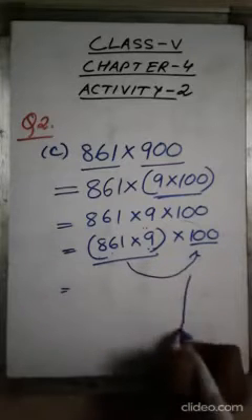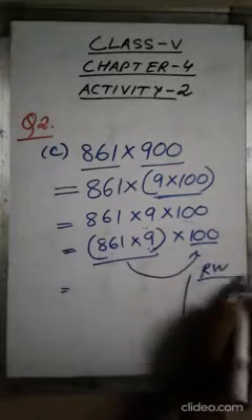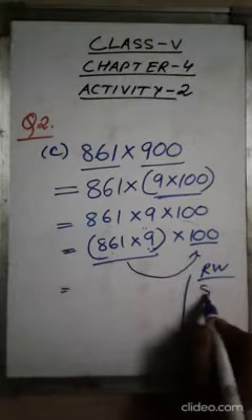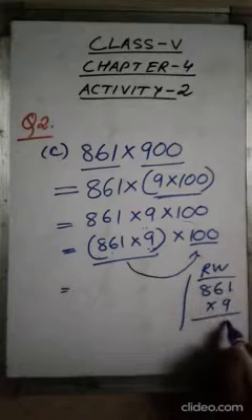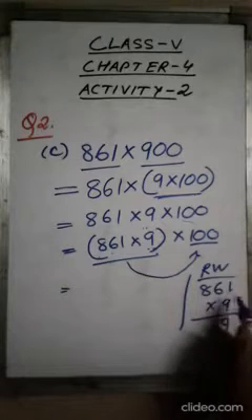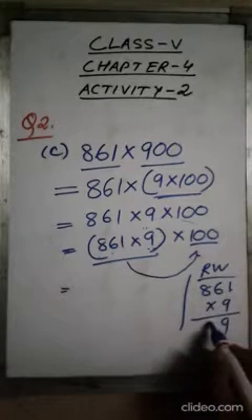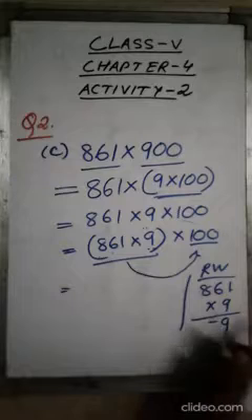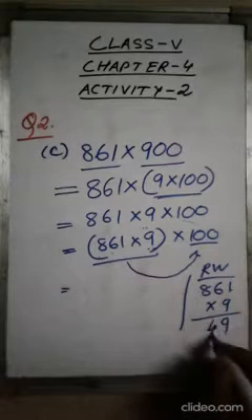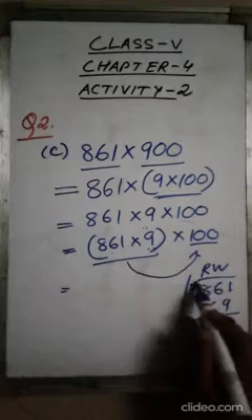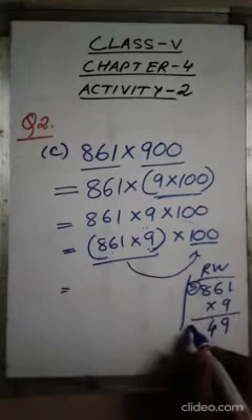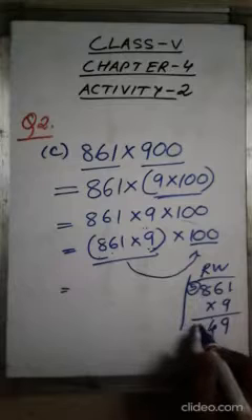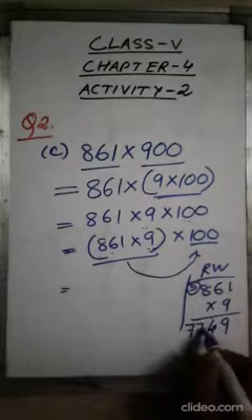So in my rough work area, I shall multiply 861 into 9. 9 into 1 is 9. 9 into 6 is 54. I shall write 4, carry 5 here. 9 into 8, 72. 72 plus 5 is 77.